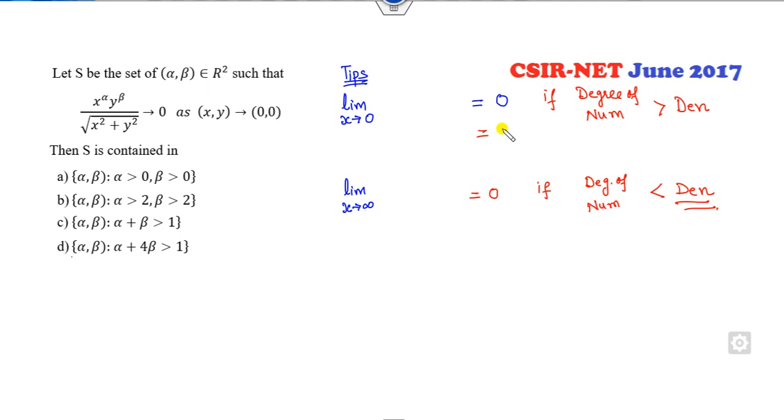Fine. And this value is infinity if the degree of numerator is less than this, and this value is infinity if it is greater than this.